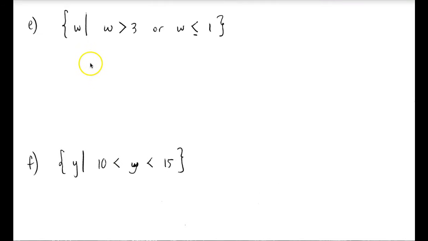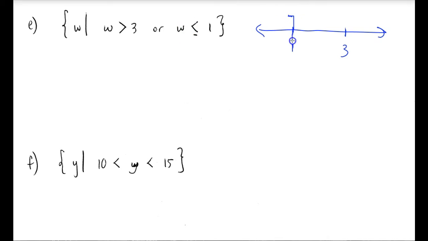All right, so in our next example, we see that we have the set of all numbers W, where W is greater than 3, or W is less than or equal to 1. So we're going to draw this out first. So we know that we're dealing with 1 and 3. And we know for W, it's going to be 1 or less.